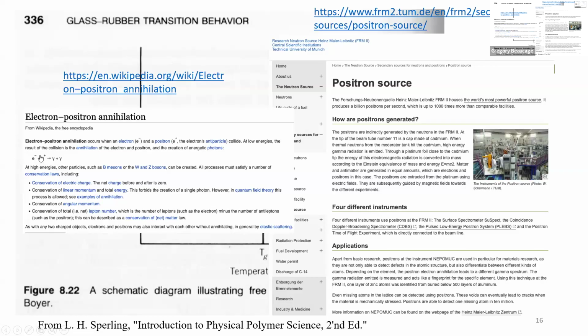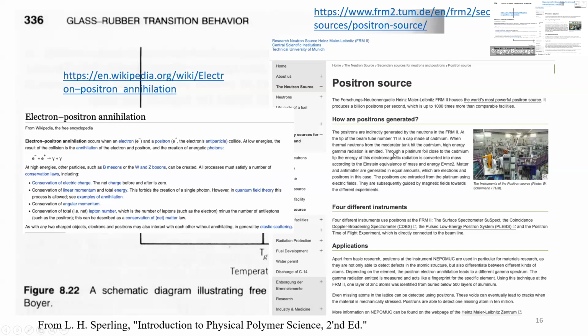Why there isn't equivalent antimatter for the matter around us, I don't know the answer to that. But when you create matter from energy using E equals MC squared, you always create pairs of matter and antimatter. Positrons are like electrons, except they're positively charged. They have the same mass. So you can make positrons.